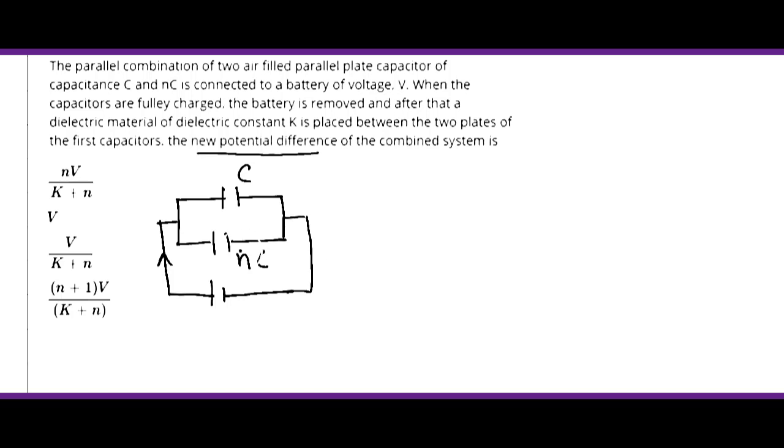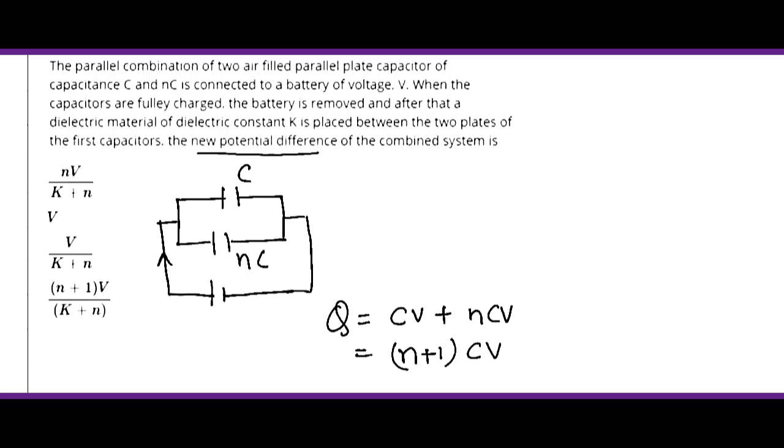So when the battery is disconnected, this circuit will be fully charged, and this can be written as Q equal to C times V for this plus NC times V. Okay, so this will be the total charge, and if we take CV common, we can write N plus 1 into CV. So this is the total charge in this circuit when the battery is removed.